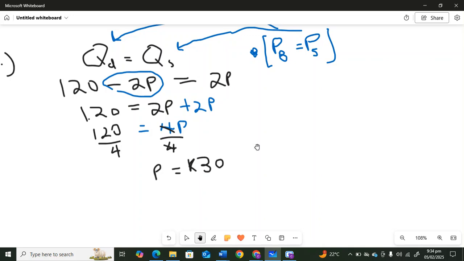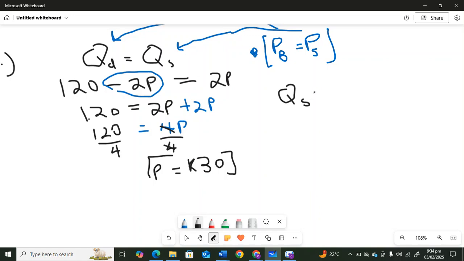Okay, so now we can find the quantity supplied. You can substitute P equals 30 into any of these two functions, in the QD function or in the QS function, because remember, quantity demanded equals quantity supplied. Since the QS function is the easiest, we just replace it there.